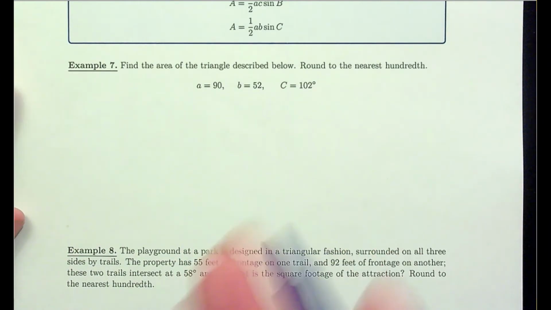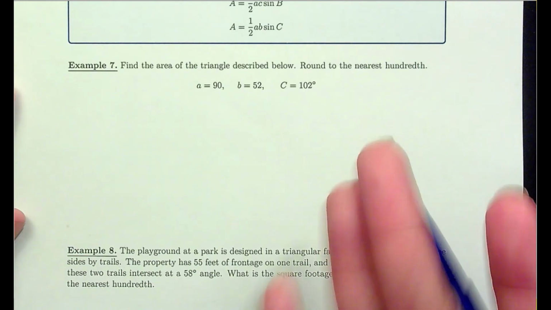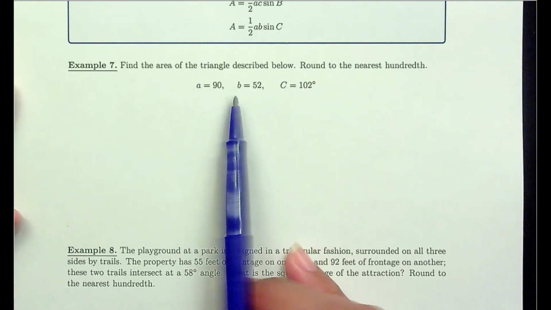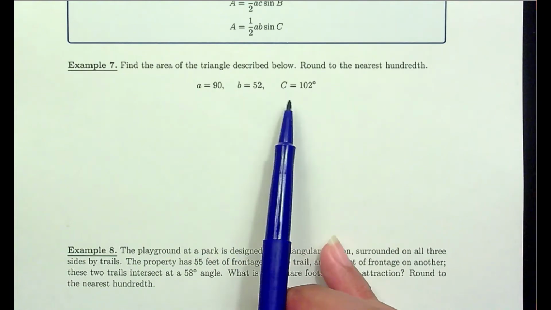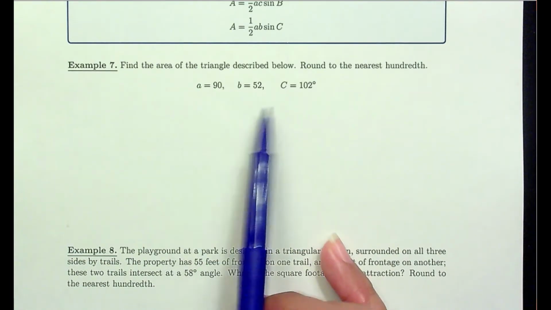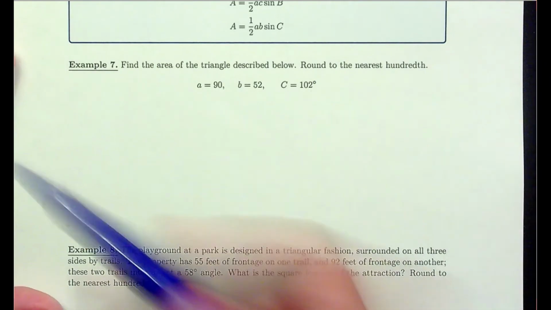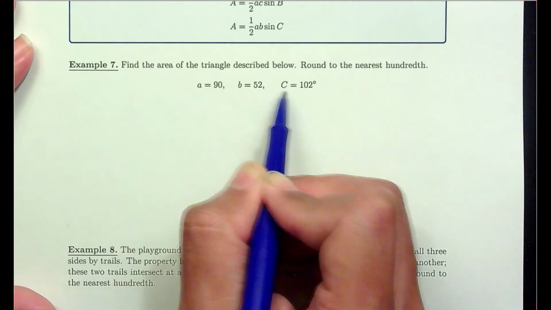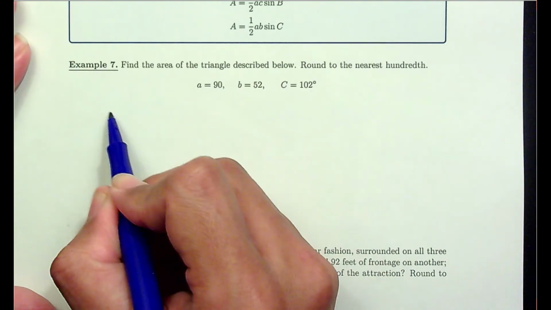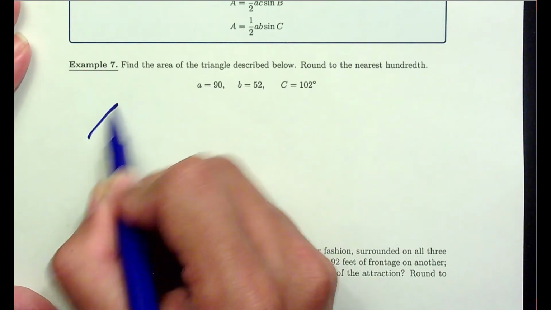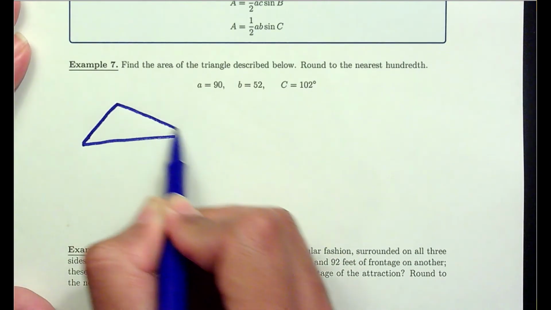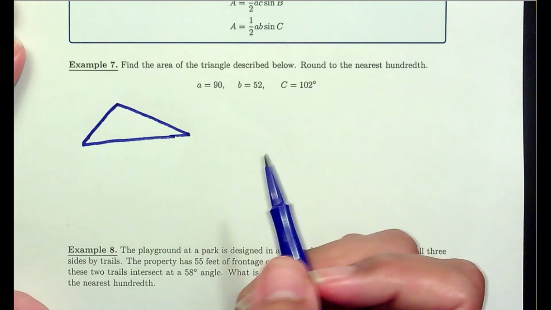It says, find the area of the triangle described below. And they give me A, B, and angle C. Side A, side B, and angle C. First of all, I'm going to draw a quick picture just to make sure that this angle and these two sides are as they're supposed to be, meaning that the angle given to me is the angle between the two sides.